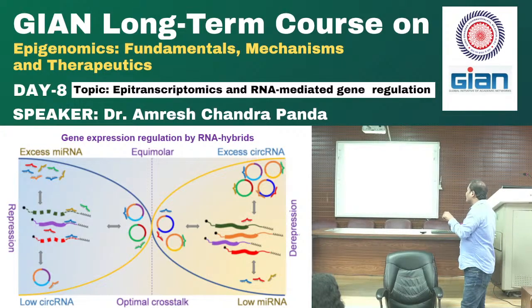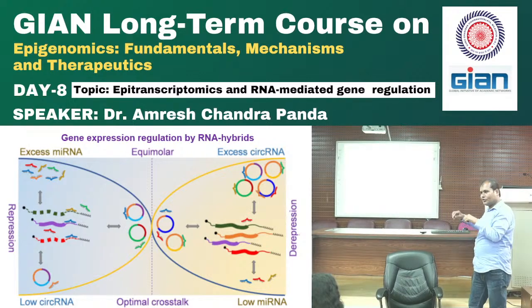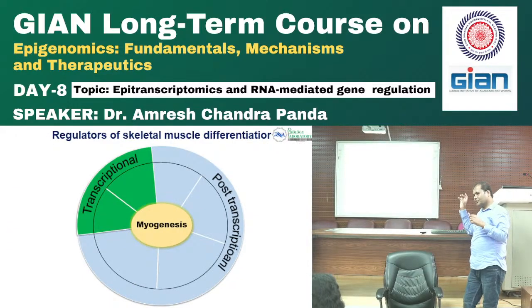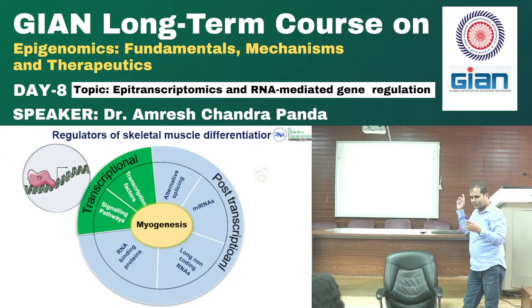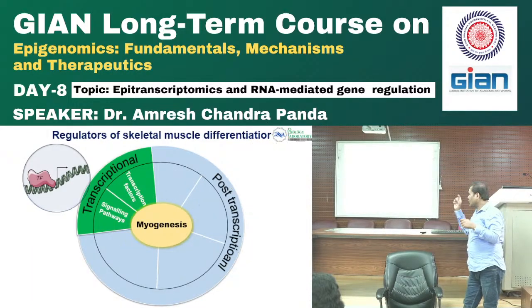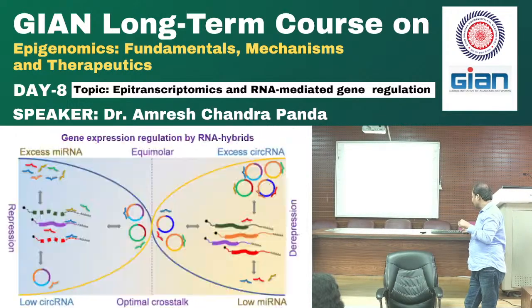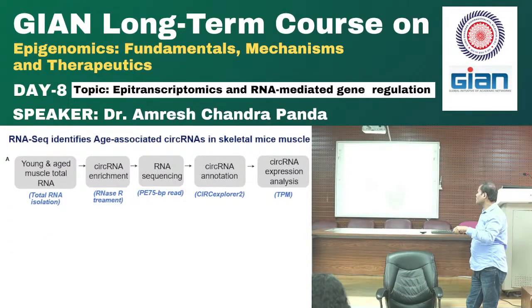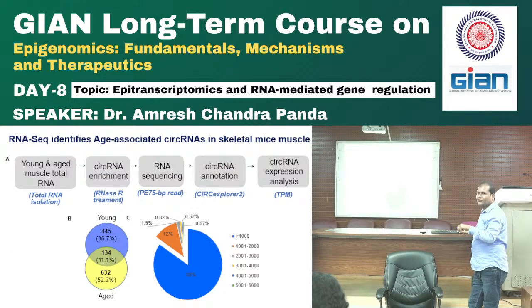So what we did here is we could not take young and old human muscle, but we took young and old mouse muscle, then did the sequencing the way I explained in the morning. You remember, we did NGS, found circular RNAs, and then looked at their expression, whether they're going up or down in young and aged mice.